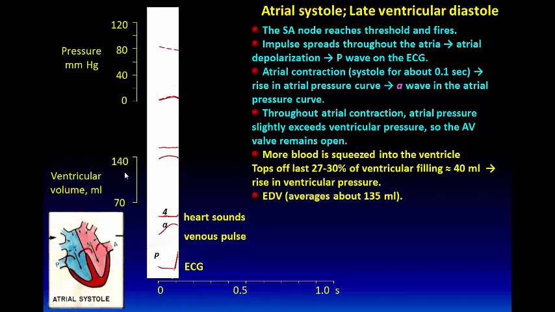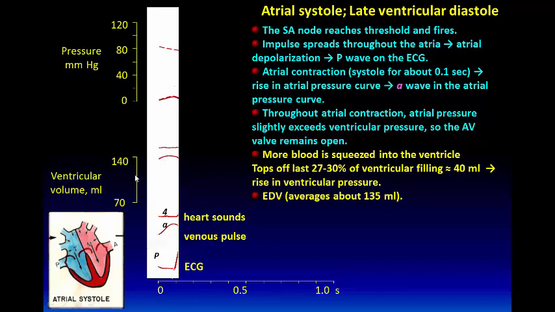And here we have a curve which represents volume changes in the left ventricle. So by the end of atrial systole, the left ventricle would have been filled with the end diastolic volume, which averages about 135 milliliters. So this is the end diastolic volume.